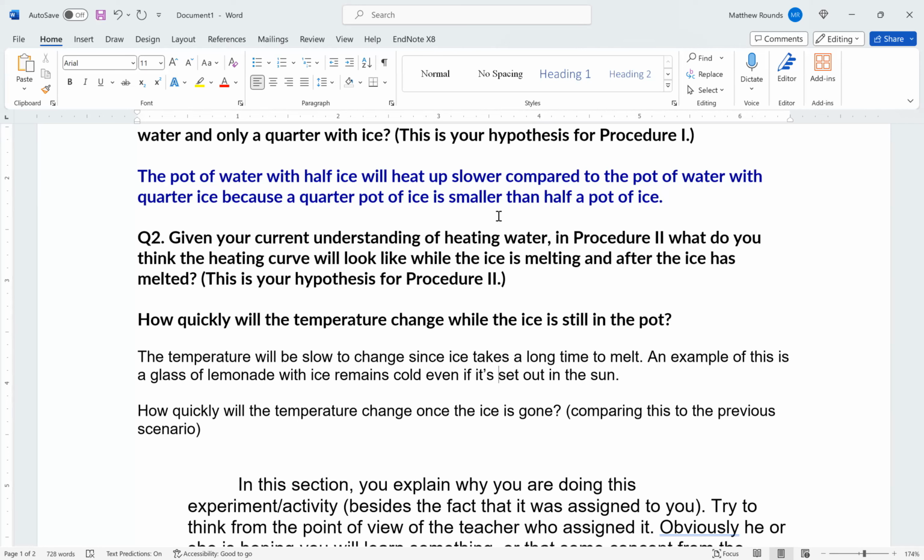Should I also put an example about the temperature change when the ice is gone as well? We'll have to do that.